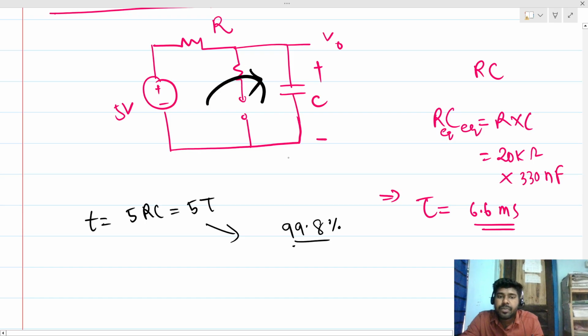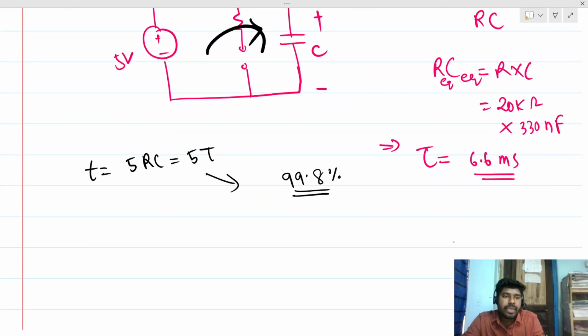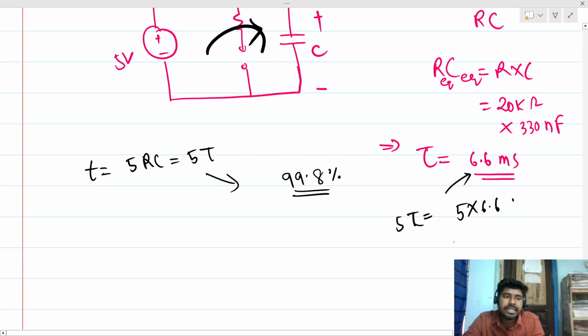But here the time duration is 10 millisecond, so we need to find how much it will charge in 10 millisecond. If the time constant is 6.6 millisecond, then 5 tau will be 5 into 6.6 millisecond, which is nothing but 33 millisecond.